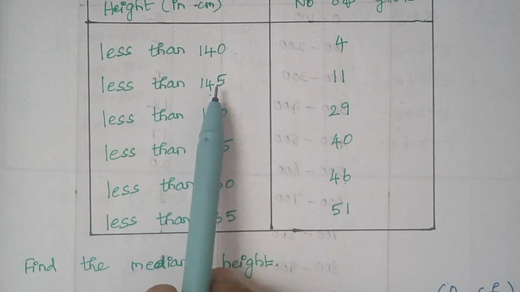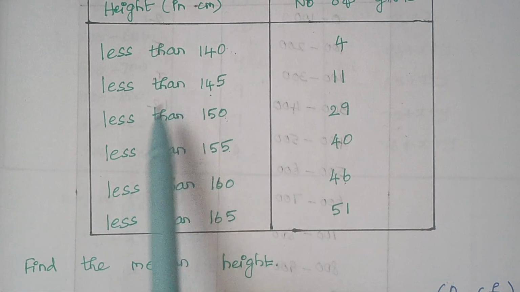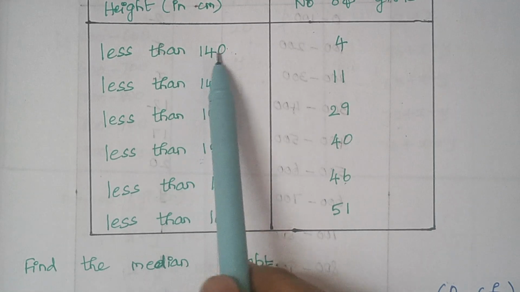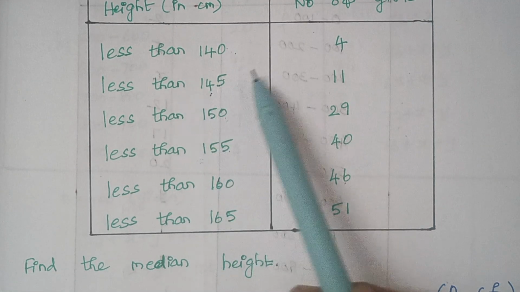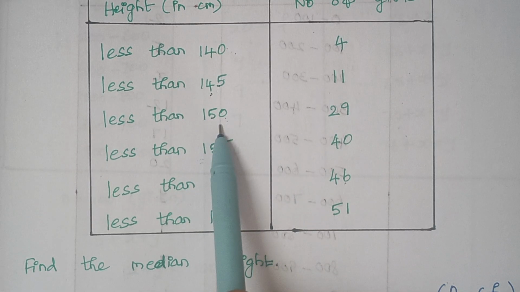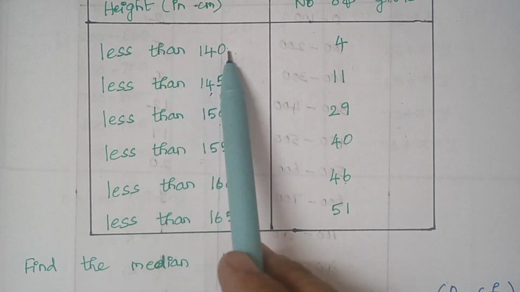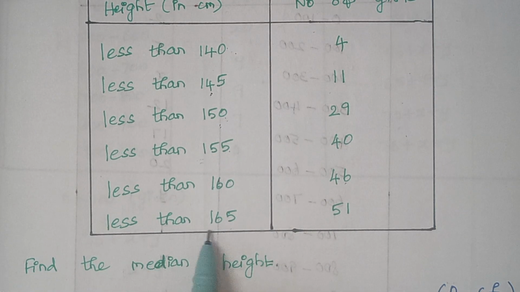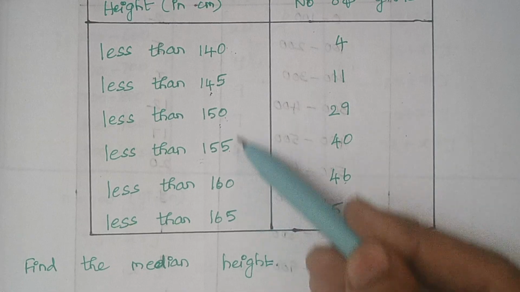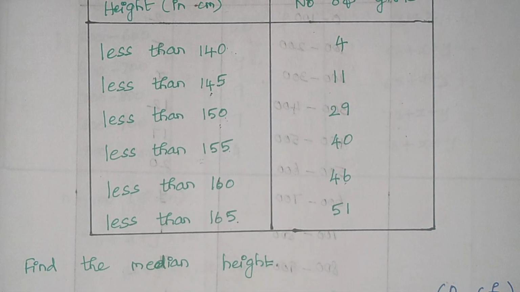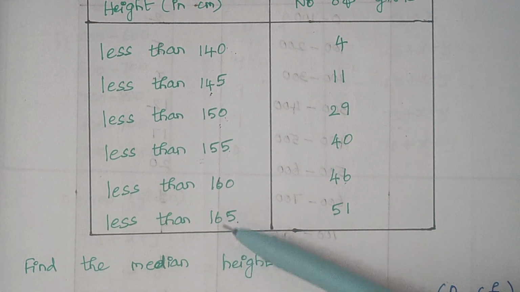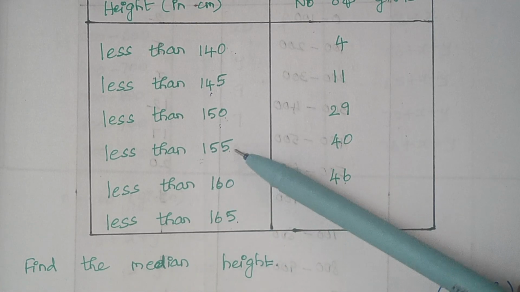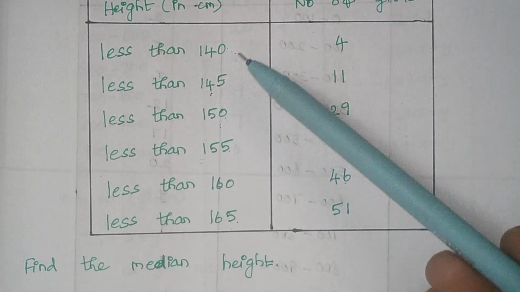Less than 145 includes all the numbers which are less than 145; that is, less than 140 also gets included. Similarly, less than 150 includes both less than 145 and less than 140. And less than 165 means all these get included, because it may be 160, 155, 150, 145 or numbers in between.